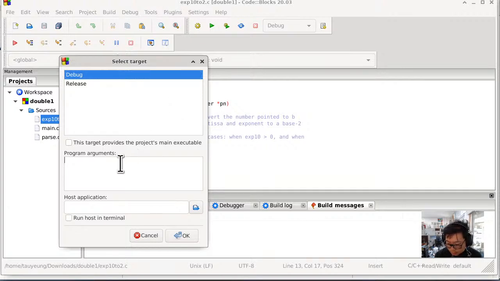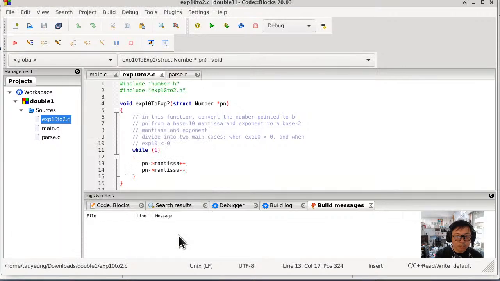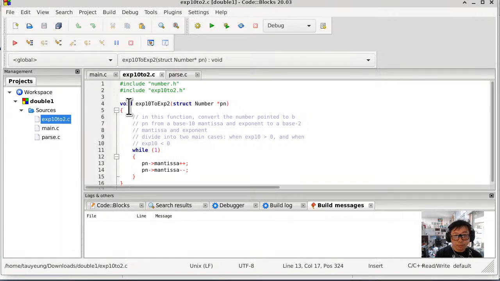So we have to go to program arguments, and then we have to specify the switch, which is -n, and then we specify the number that we want to process. So let's say I want to process 1.23e-10. That's all you need to do. You click OK, and you can run the program right away.